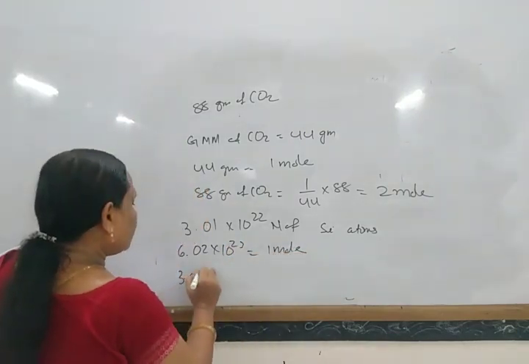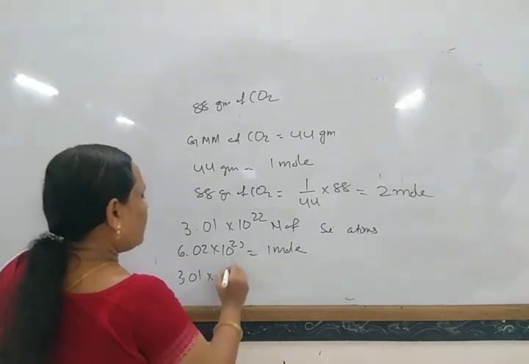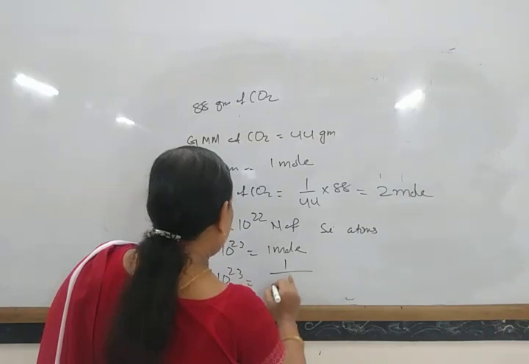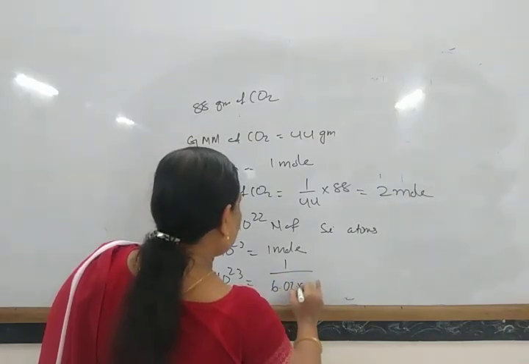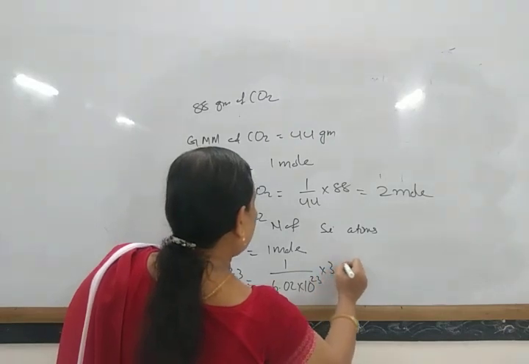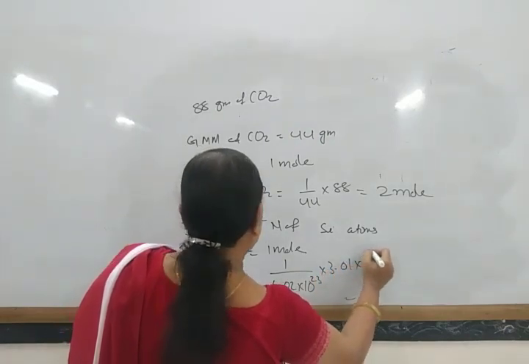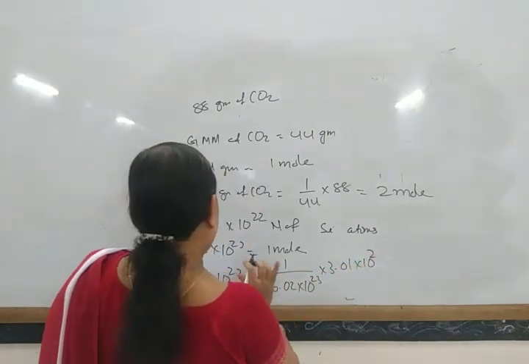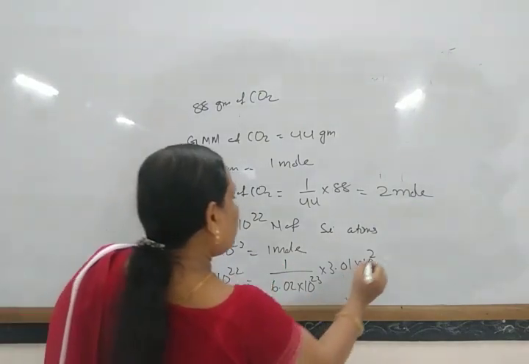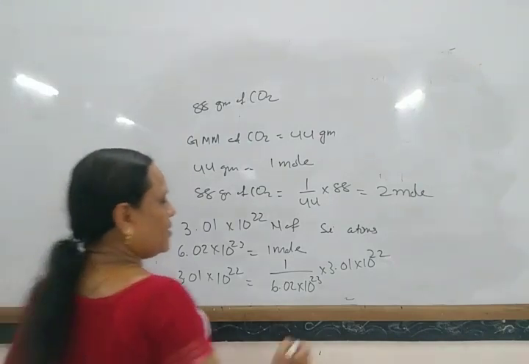Then 3.01 into 10 to the power 22 equals how many moles? 1 by 6.02 into 10 to the power 23, into 3.01 into 10 to the power 22.